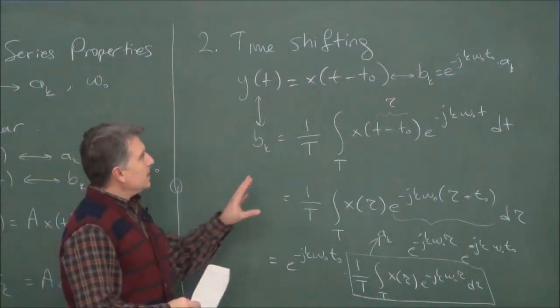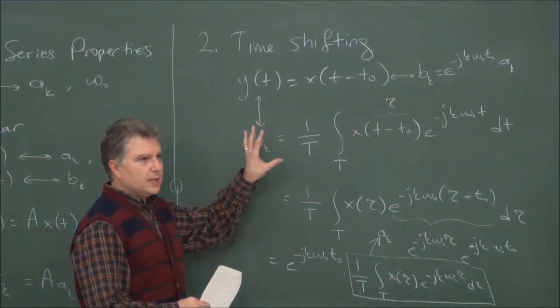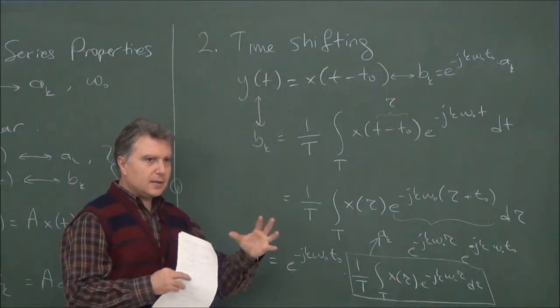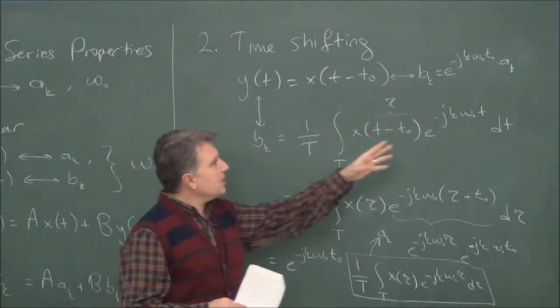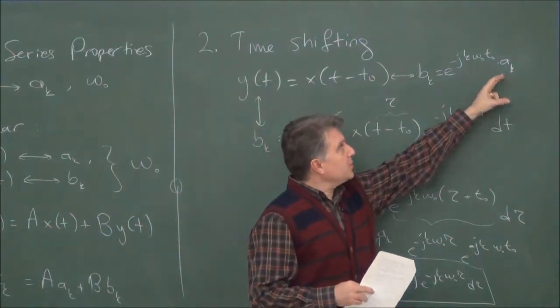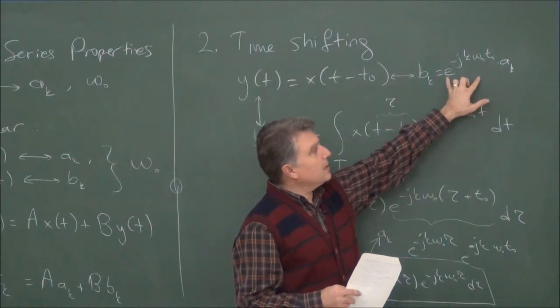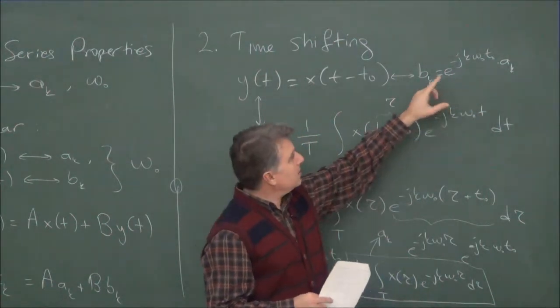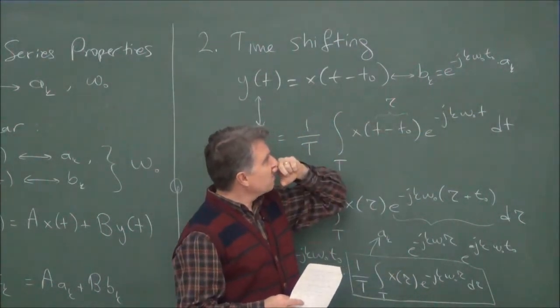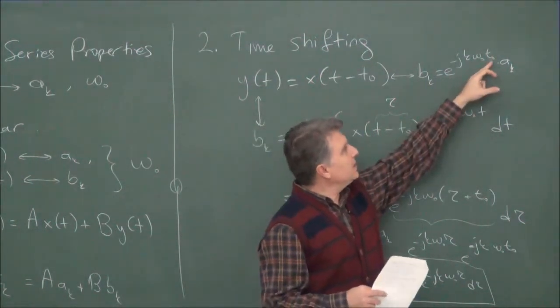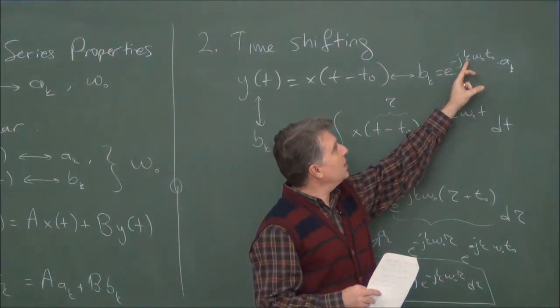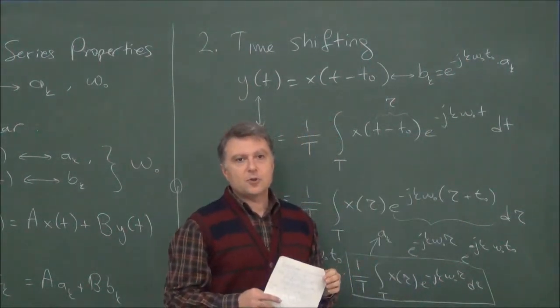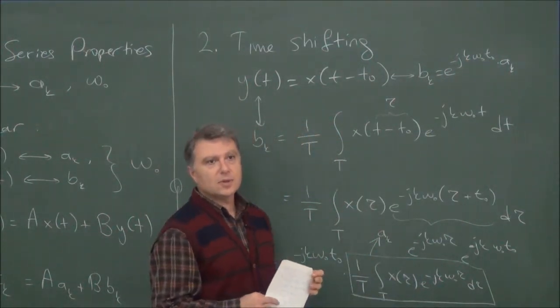It is telling us that if you know the Fourier series coefficient of a signal, then the shifted version's Fourier series coefficients are just the same Fourier series coefficients multiplied by these exponential terms. And this complex exponential term depends on t0, the amount of shift, as well as which index it corresponds to, k, in other words.